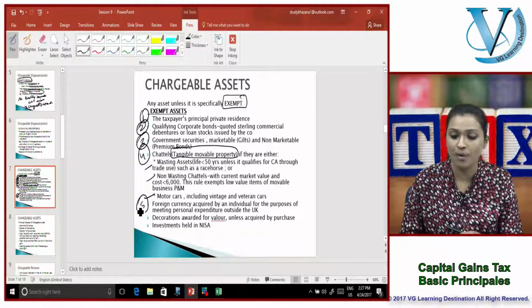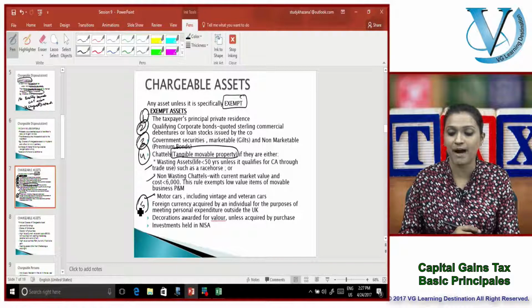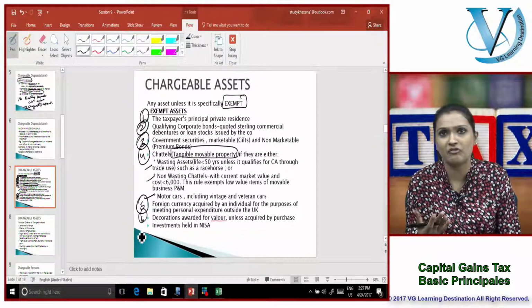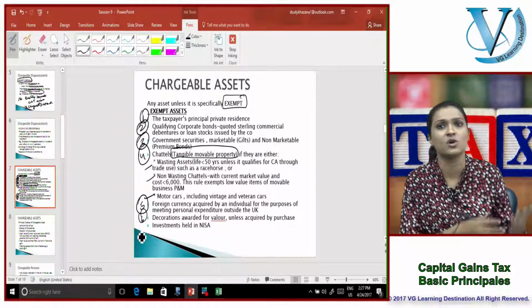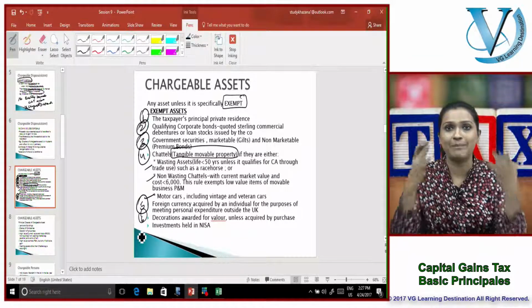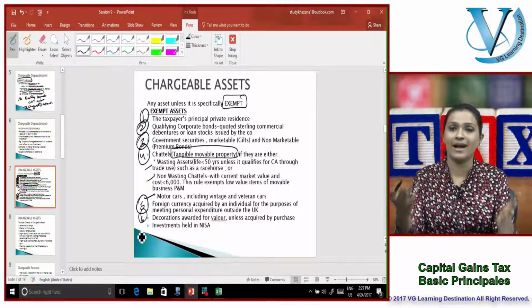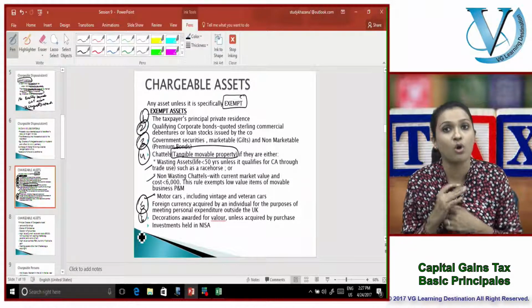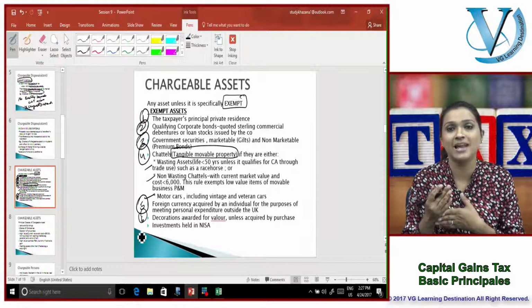Decorations awarded for valour, unless they've been acquired by purchase, which basically means you performed some act of bravery. The government, HMRC, awarded you a gold plate. Subsequently, you go ahead and sell off this gold plate and make a profit. This profit would not be liable to CGT. Why?